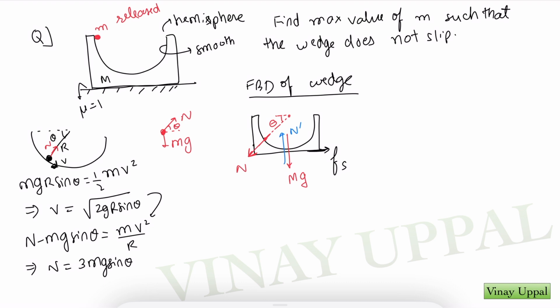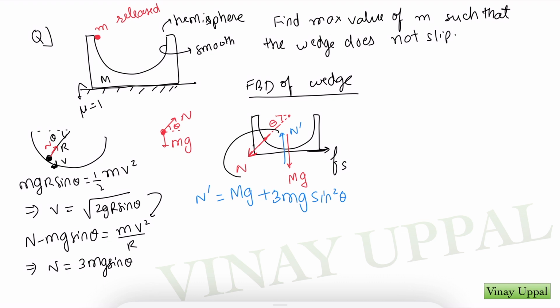So first let me write down the vertical force balancing: N dash should be equal to capital Mg plus the vertical component of the normal force. It will be N sine theta, so I may just substitute N. So that will be 3 mg sine squared theta.